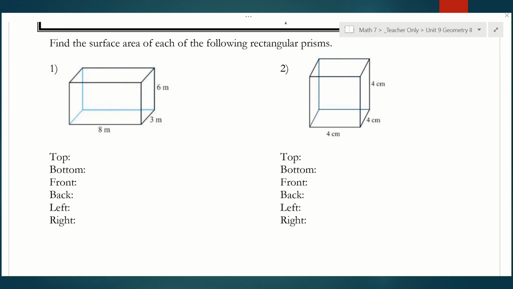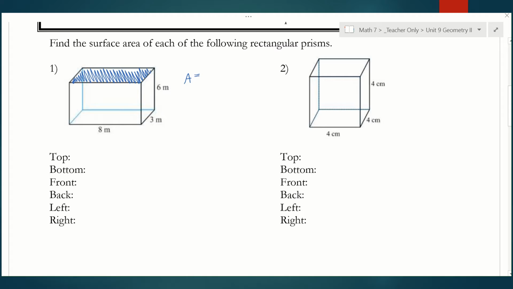Looking at example 1 again, I'm going to shade in the top because I think that'll help you visualize the side I'm talking about. Here's the top of that rectangular prism. Because it's a rectangular prism, we know all the sides are rectangles, and to find the area of a rectangle, we do area equals length times width.